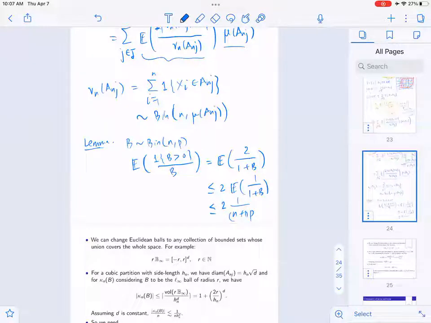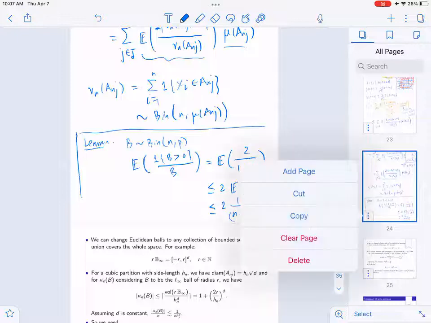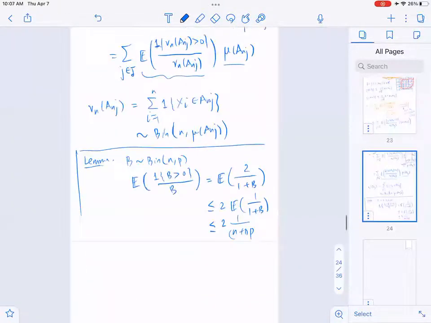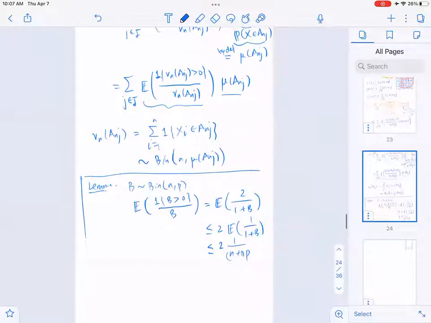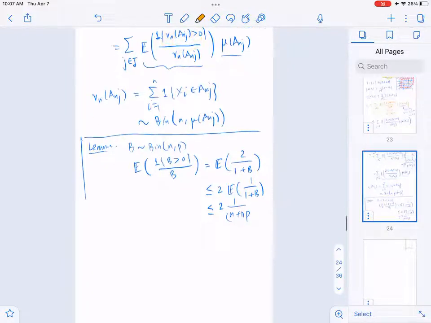Okay, that's the lemma that you're going to prove. So this is like a side lemma. Okay. So you also needed something like this for the warm-up example that I did. So this thing is just going to be an application of this, right? It's a binomial. I'm taking the expectation of 1 over, basically the inverse, of a binomial.